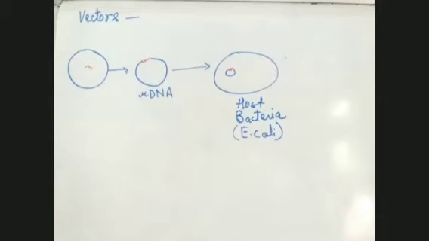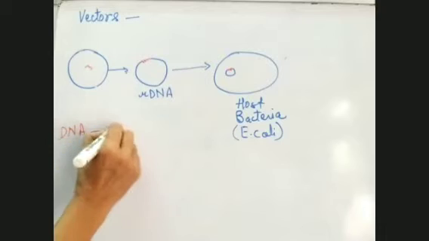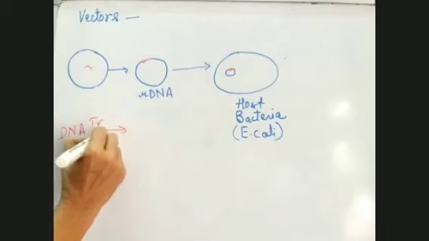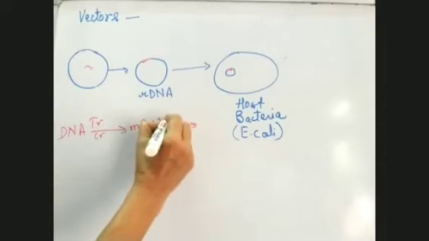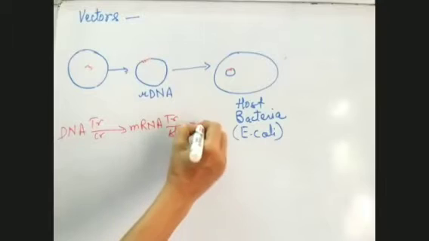Because every gene, what is a gene? Gene is DNA. By the process of transcription it forms messenger RNA, and then by the process of translation this forms protein.